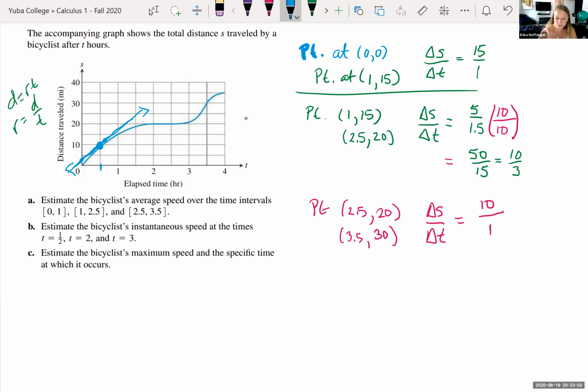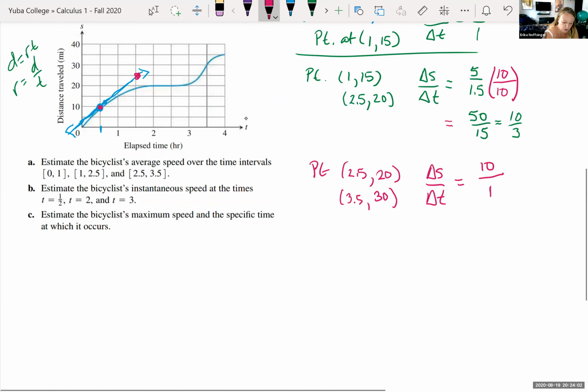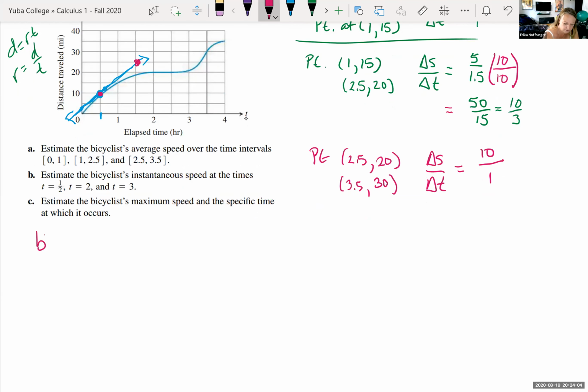Let's look at 2 points on a line that are whole numbers, like right here and right here. At this point, I can estimate what my average rate of change is. So at t equals 1/2, actually, it wants the instantaneous, not the average. My instantaneous rate of change, I am going to approximate.